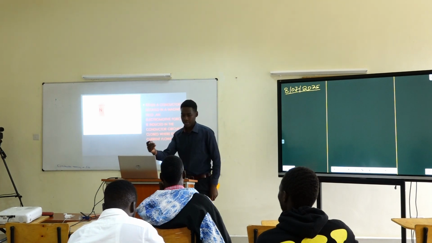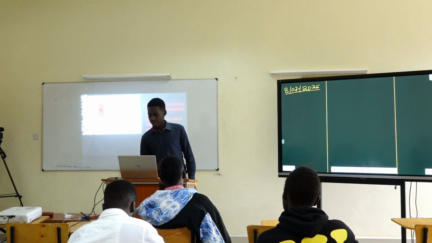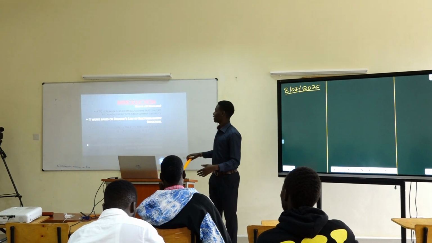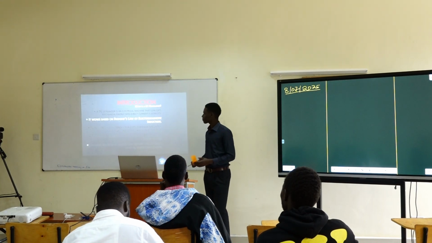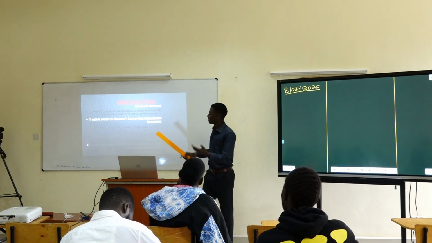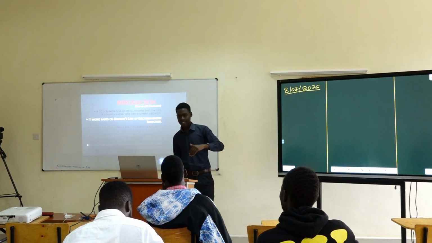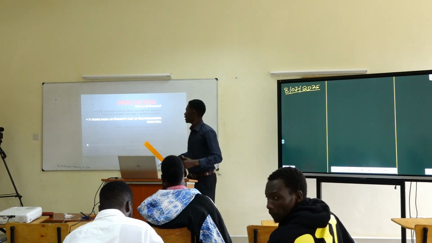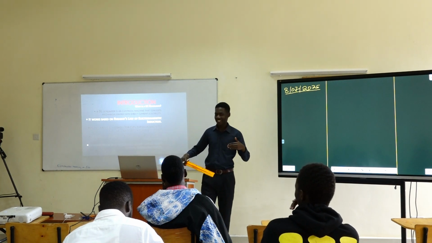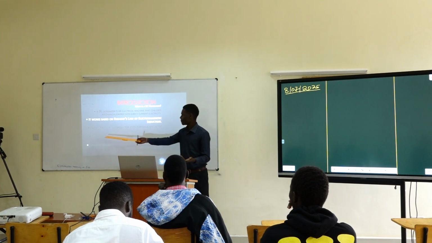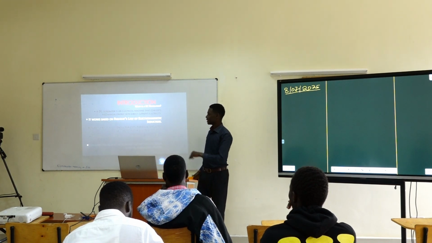So, I hope you got that. I want us first to go through what a DC generator is. A DC generator is an electrical machine that converts mechanical energy into direct current electricity. Therefore, it works based on Faraday's law of induction.